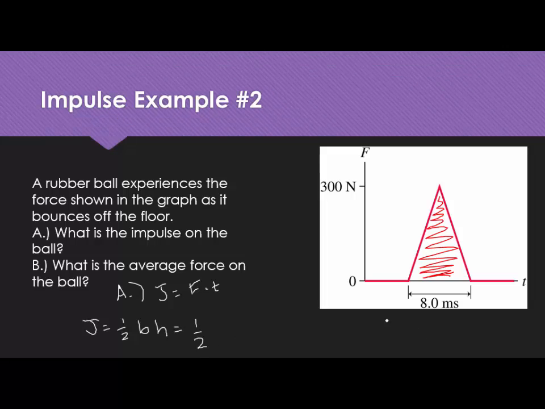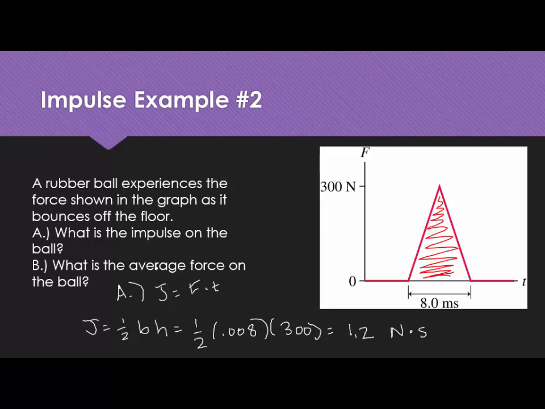Our base is 8 milliseconds, and I'm going to be really picky with the units right now. So 8 milliseconds, if you converted that into normal time, would be 0.008 seconds, times the height, which is 300. And that gives us an impulse of 1.2. And we can say newton-seconds in this case.